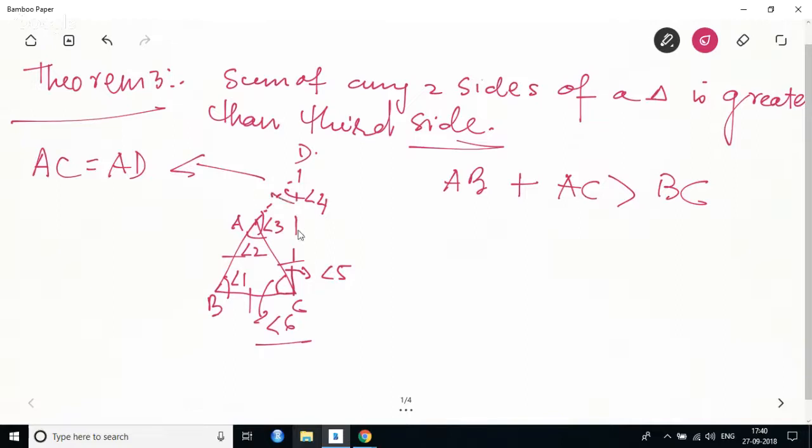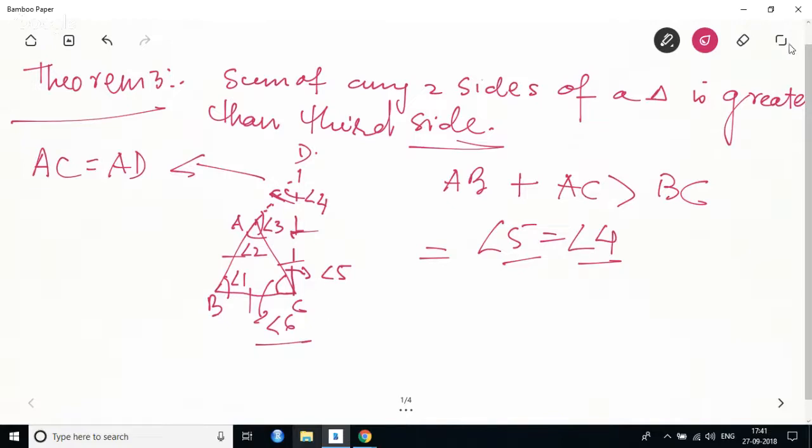So if I am saying that AC is equal to AD, what happens is that this becomes an isosceles triangle. So angle opposite to equal sides would be equal. AC and AD are equal. So opposite to AD angle 5 is coming, and opposite to AC angle 4 is coming. So look at here, angle 5 is equal to angle 4.